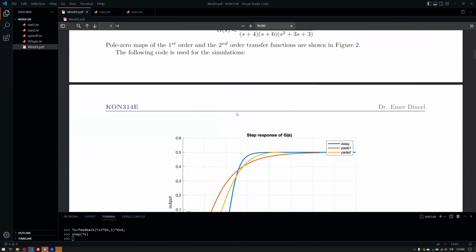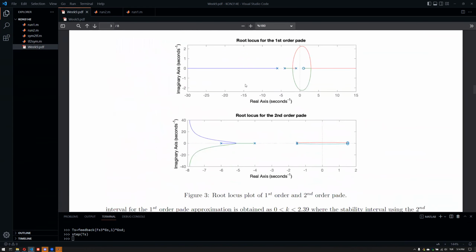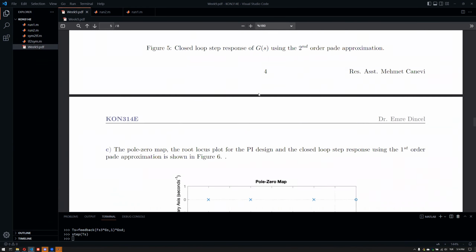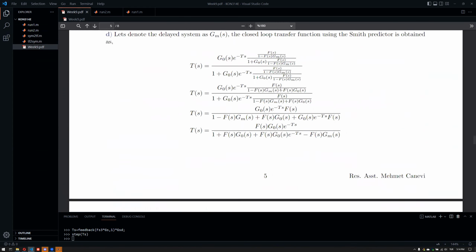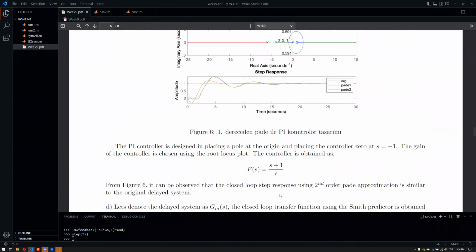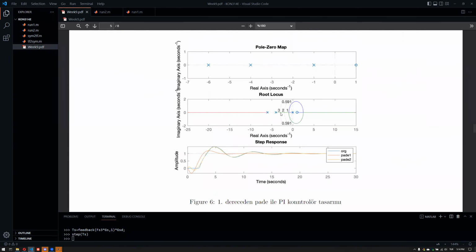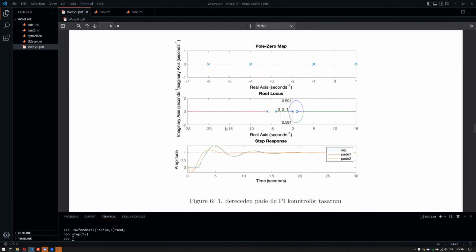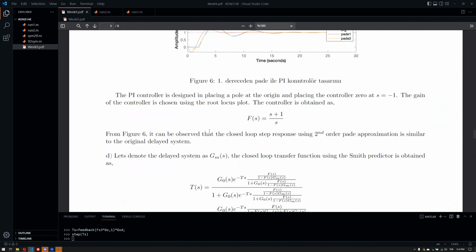I have all the approximations, all that stuff in here. I have basically plotted the root locus plots in the PDF, and I've shown that the stability bound is not really the stability bound that we see. Here I have skipped even the PI design part in my notes. I've just used a random PI controller that works for some reason or has a pole zero cancellation, something like that. And I've just shown you that the approximation is somehow similar.